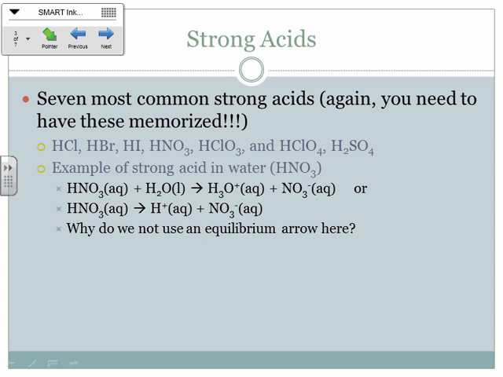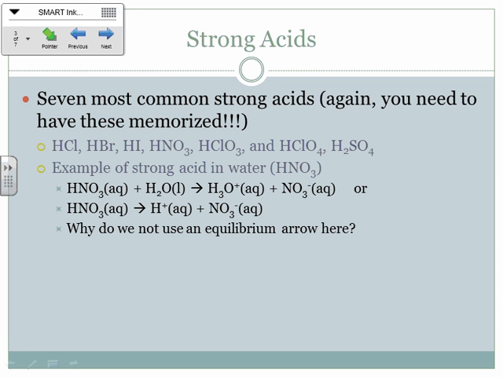Pure sodium just wants to give away that one valence electron it has, so it will react with pretty much anything. That doesn't mean that it's a strong acid or a strong base. It's just reactive. Hydrofluoric acid is the same way. That fluorine ion will react with a lot of different things.